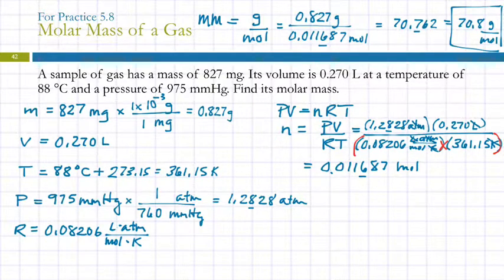Hydrogen. What's the molar mass of hydrogen atoms? 1 gram per mole. You can't have smaller than hydrogen. Hydrogen has 1 proton, 1 electron, right? To have an atom, the minimum is 1 proton and 1 electron. There will never be anything smaller than hydrogen. So if you come up with a molar mass that's less than 1, you did something wrong.